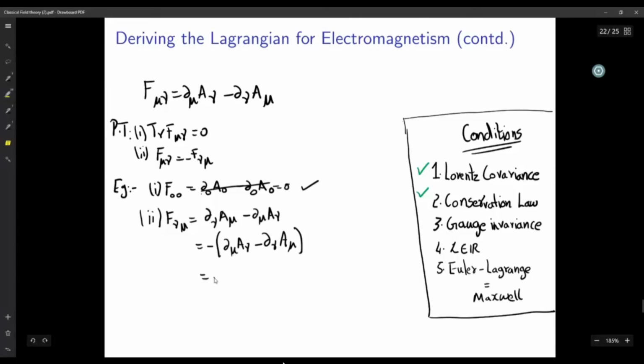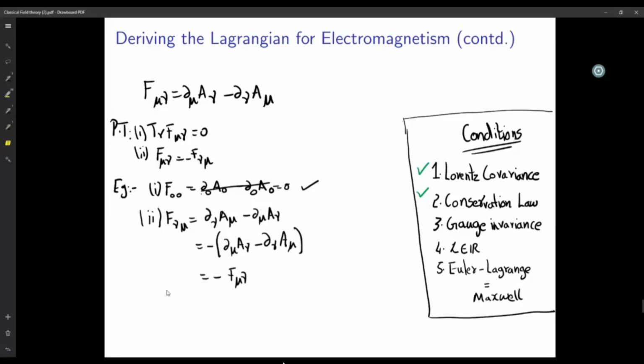And this is essentially just the transposed tensor itself. So you swap the indices, you get the negative guy. So this is anti-symmetric. Yes. But does this show gauge invariance? So that is the question that we must ask.